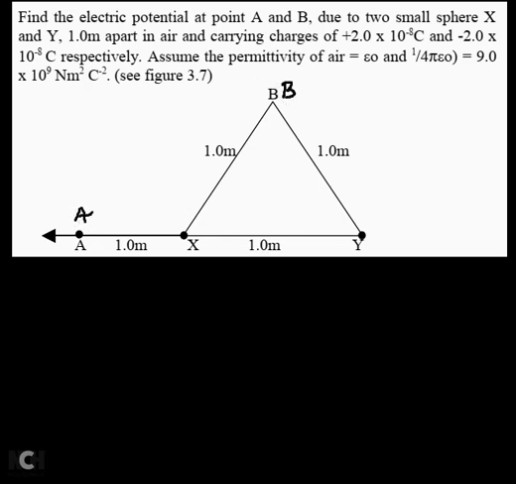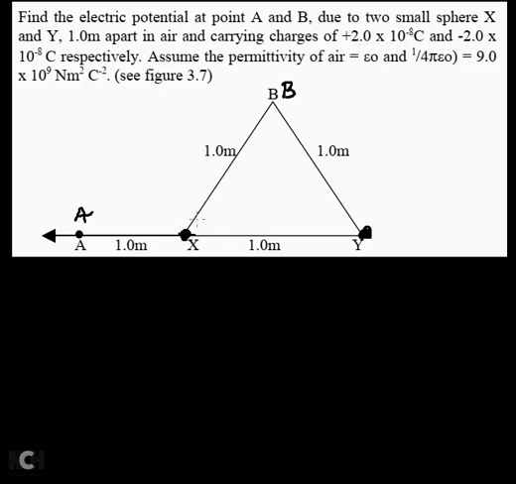All right, so now let's proceed. Due to two spheres X and Y, of course another sphere here, Y, 1 meter apart, as indicated in the diagram, in air, carrying charges of 2.0 times 10 to the power minus 8.